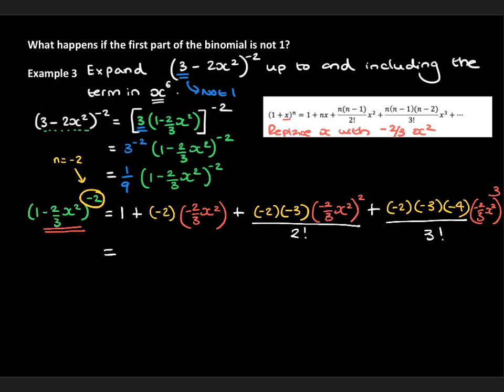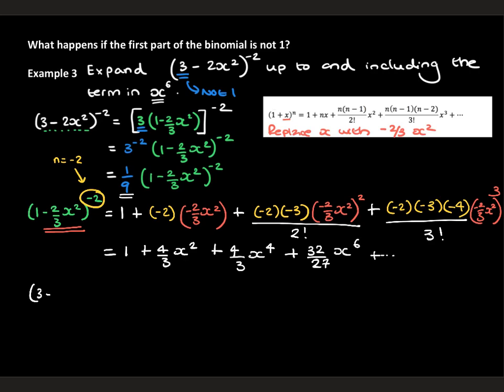So working these out carefully, we get 1 plus 4/3 x squared plus 4/3 x to the power 4 plus 32 over 27 x to the power of 6, etc. Now, of course, all of these have to be multiplied by this factor of 1/9 at the beginning.